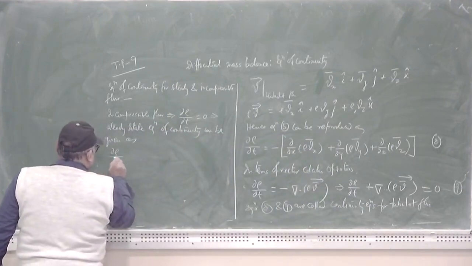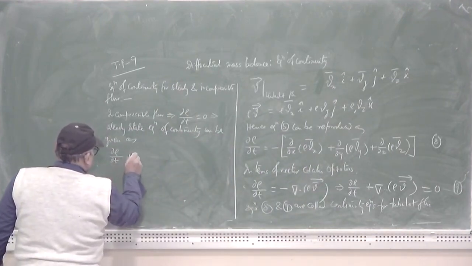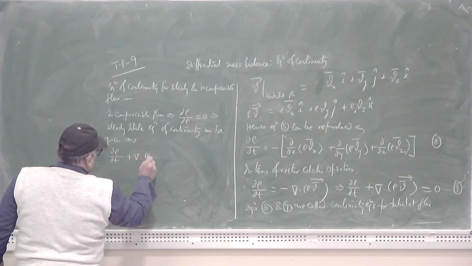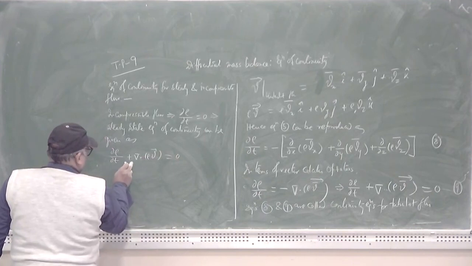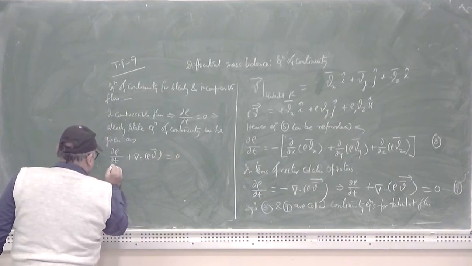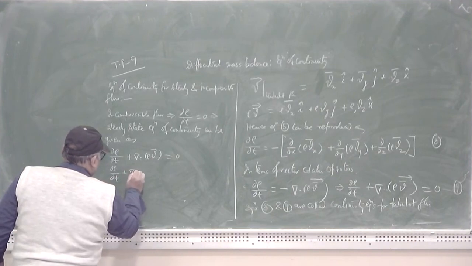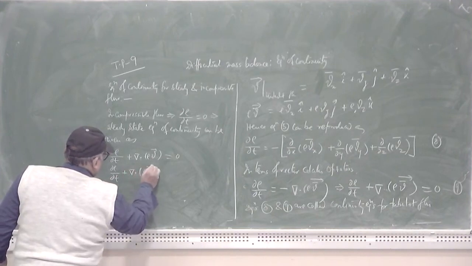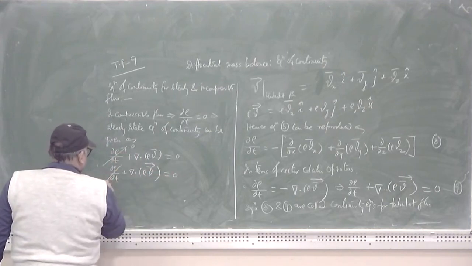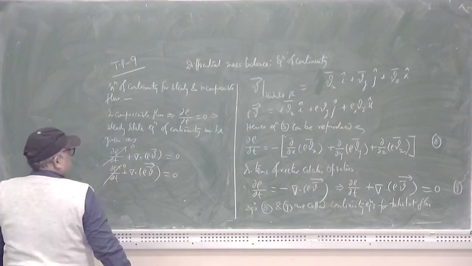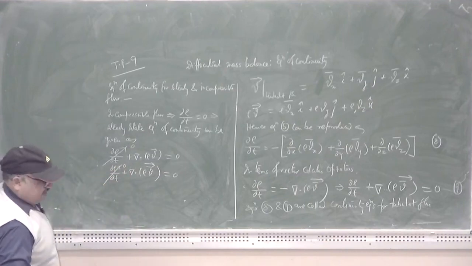I am writing here del rho by del t plus del dot rho v vector equal to 0 for the laminar flow, and for the turbulent flow del dot rho v average vector is equal to 0, because the incompressible fluid flow is there.